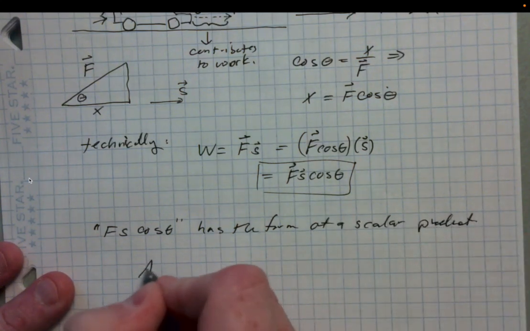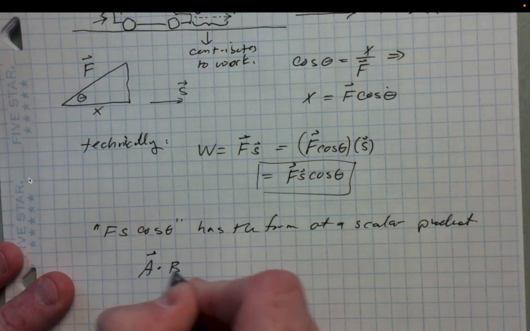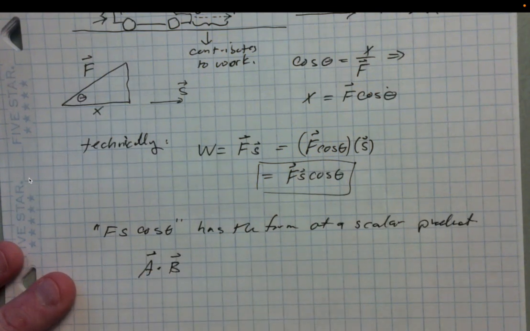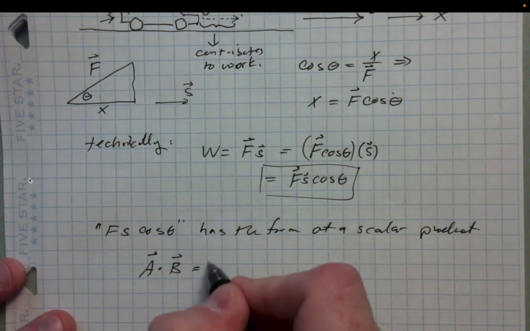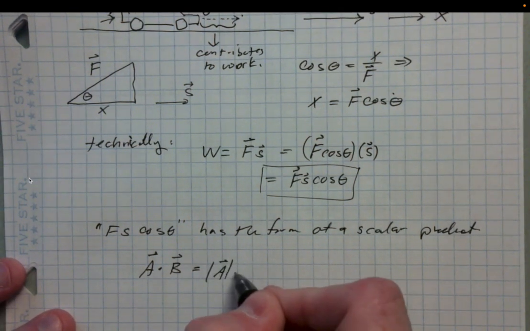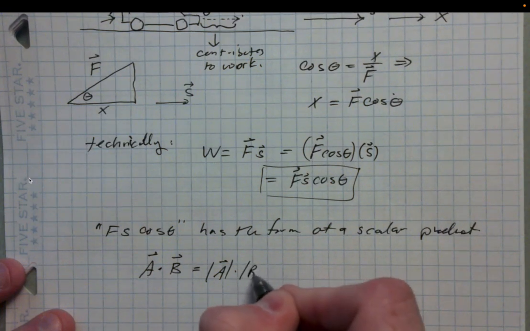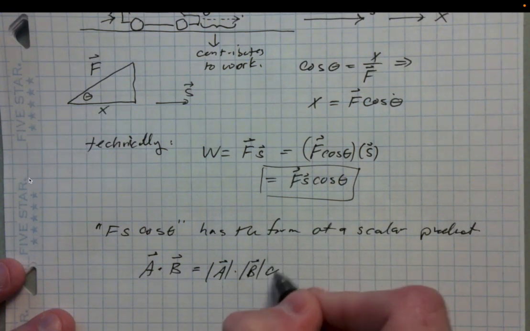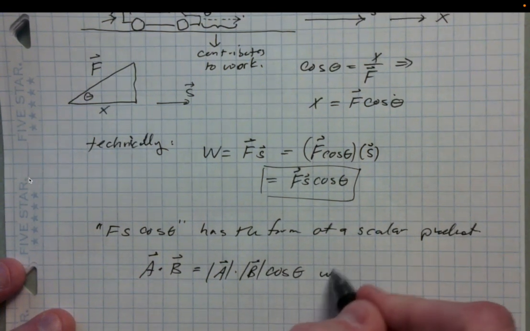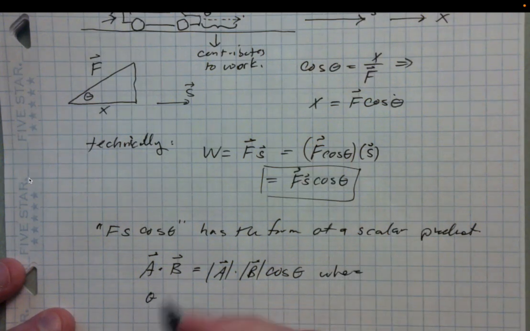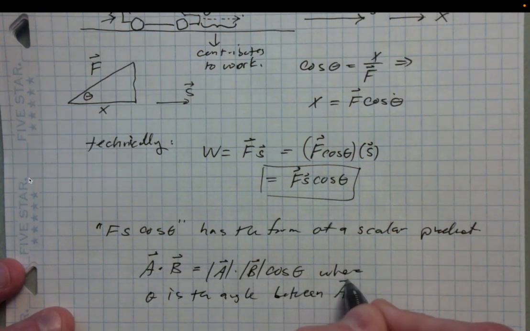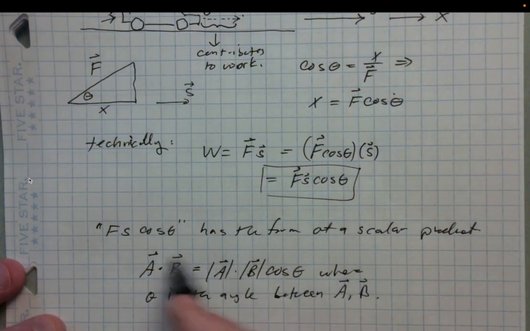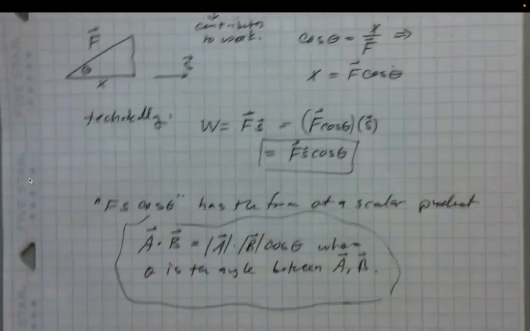Right, so let's remember what that is. That's also known as the dot product. A dot B. A is a vector, B is a vector. You dot them. Well, you can see that that's the magnitude of A, which is a scalar, times the magnitude of B, which is a scalar, times cosine of theta, where theta is the angle between A and B. Right, so that's the dot product.